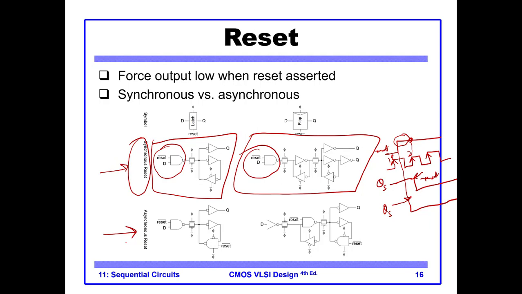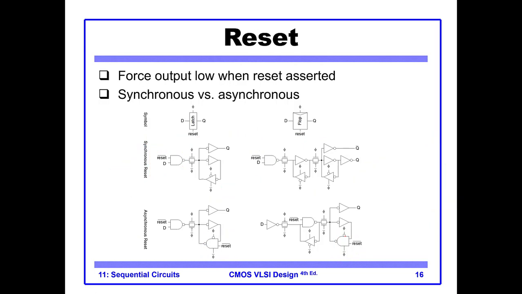Okay, you see the difference here. If you want asynchronous, you have to add the reset capability in the feedback path. While in the above designs, the reset functionality is not included in the feedback path.